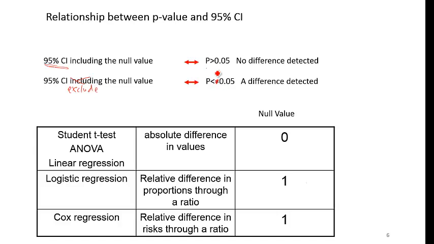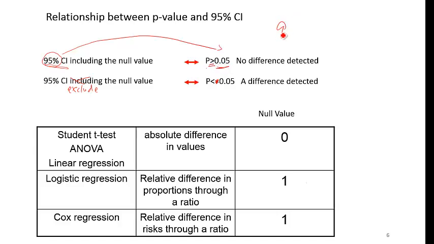And actually the equal sign should come here. When the p-value is exactly 0.05, either the lower or upper boundary of the confidence interval is exactly the null value. So the 95% corresponds to the judgment of whether p is less than 0.05 or not.